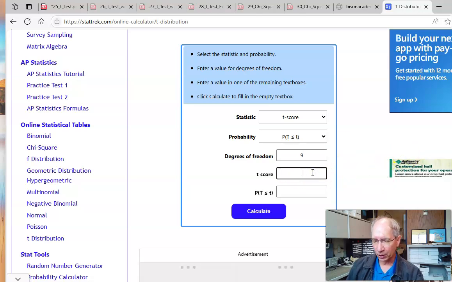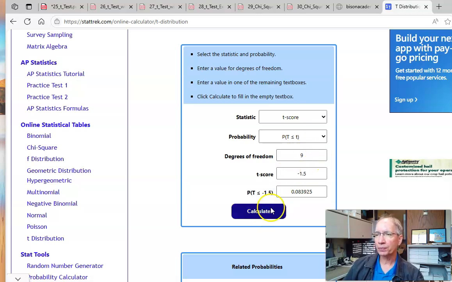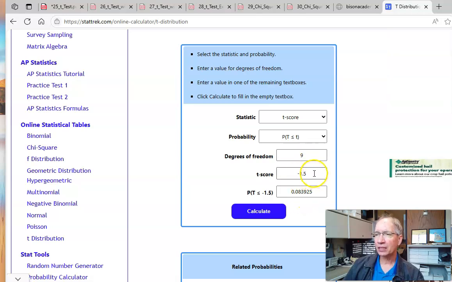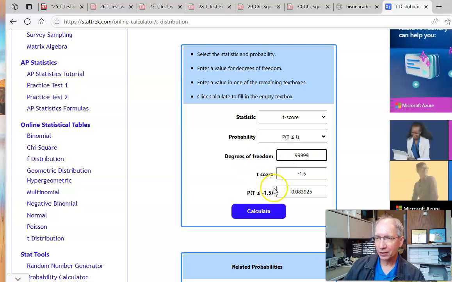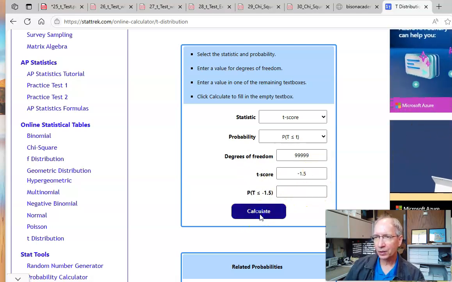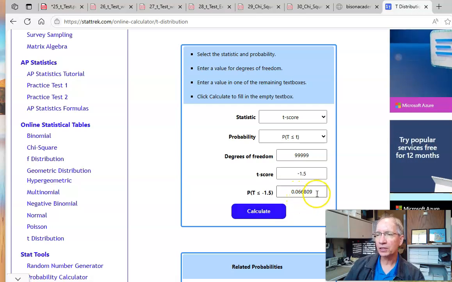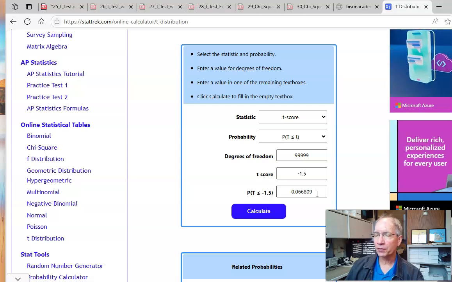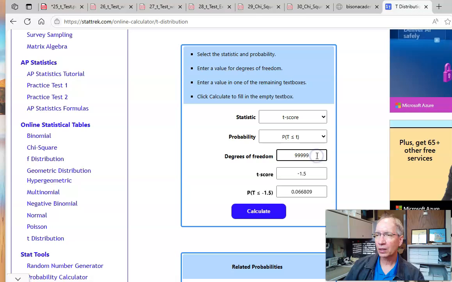If my t-score is minus 1.5, this is the area to the left of minus 1.5. 8.3%. As the sample size goes to infinity, this becomes the z-score. So a t-distribution converges to a normal distribution as sample size goes to infinity.